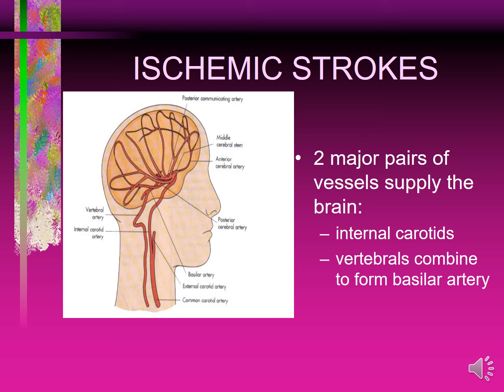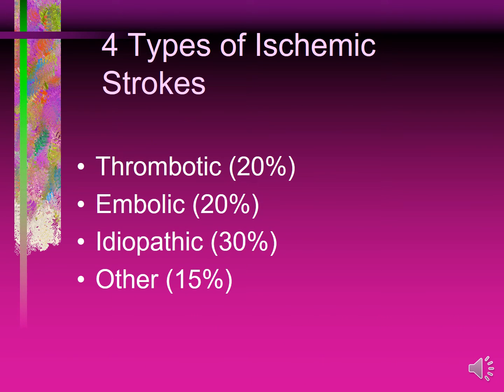And so those two sets of arteries sort of branch off and develop into all the other arteries that do feed the brain.